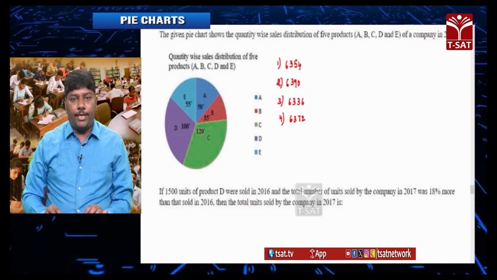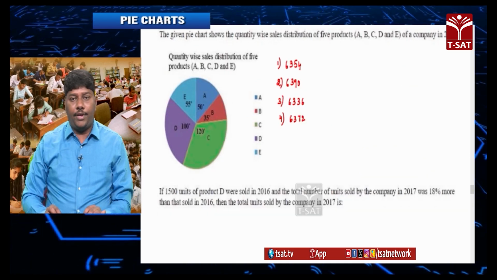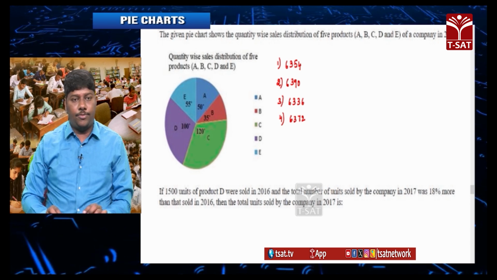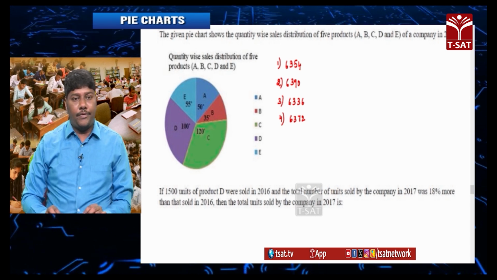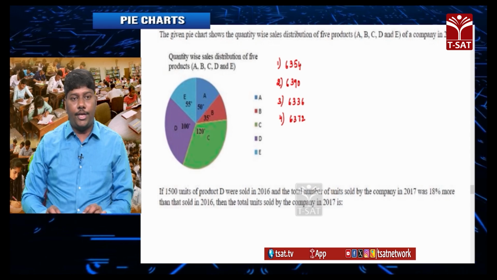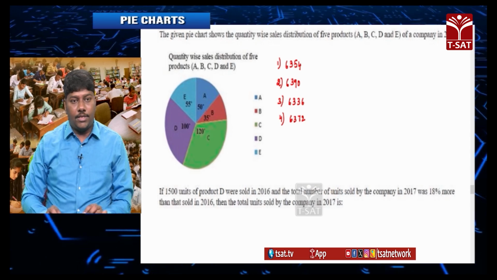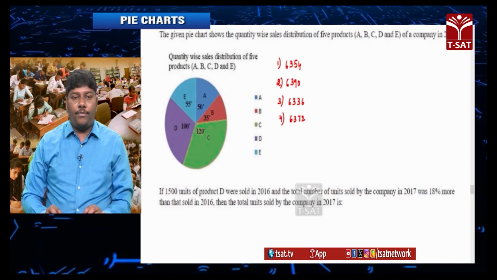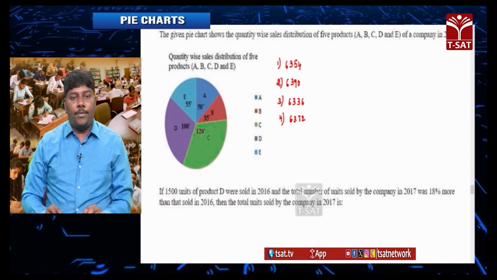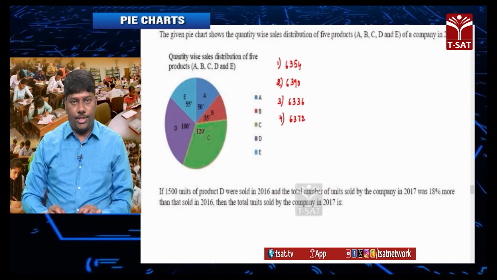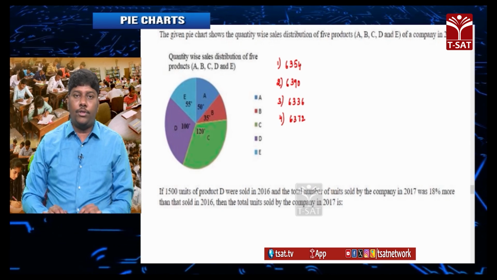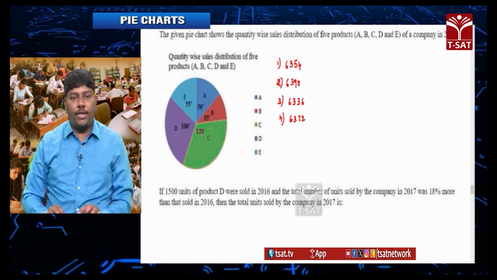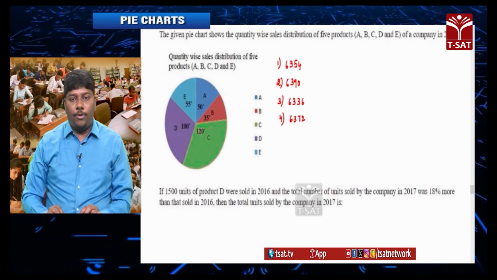Shows the quantity wise sales distribution of 5 products A, B, C, D, E of the company in 2016. Quantity wise sales distribution of 5 products given. A is 50 degrees, B is 35, C is 120, D is 100 degrees and E is 55 degrees, given in the graph. If 1500 units of product D was sold in 2016, actually if you look at 2016, D is 100 degrees. That 100 degrees is actually 1500 units sold by the company.